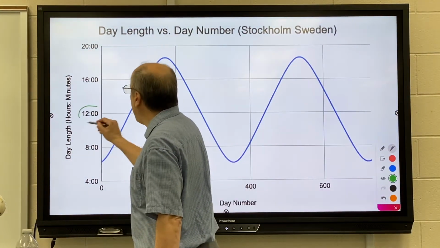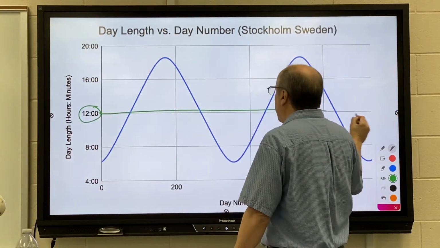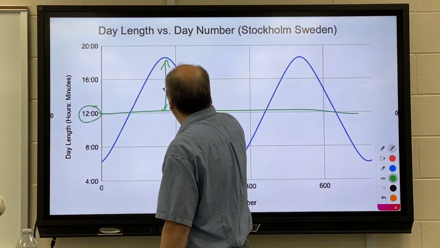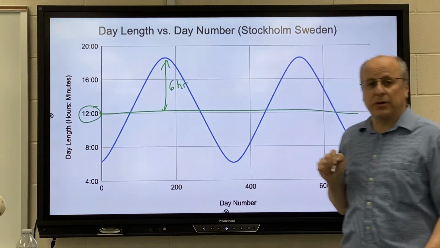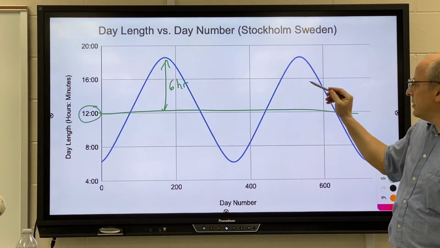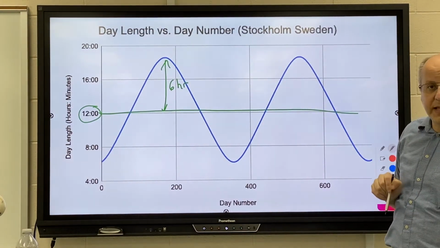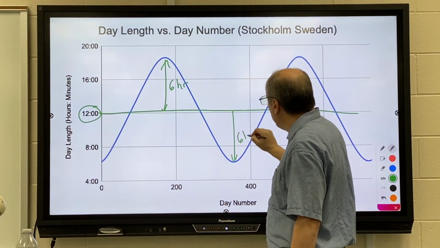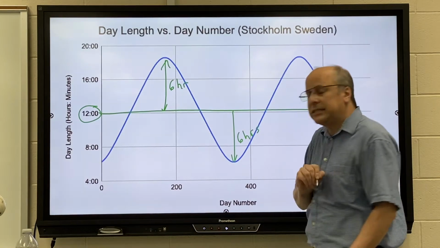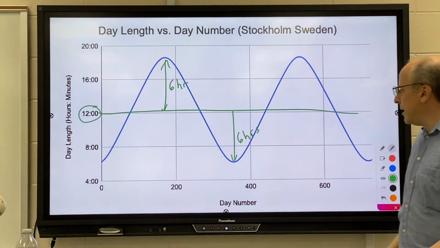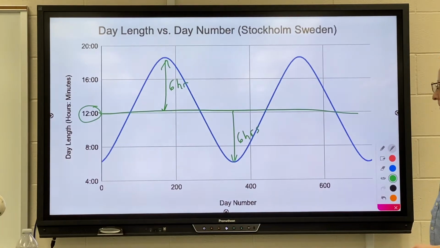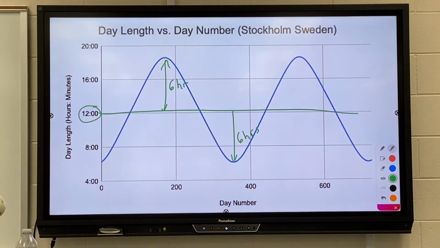We would still average 12 hours of daylight, but when we hit the middle of summer, we'd get almost 18 hours, which gives us 6 more hours than the average. We pay for that in the wintertime when we get 6 hours less than the average, which bottoms out at around 6 hours of sunlight.